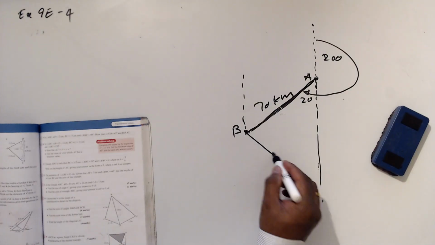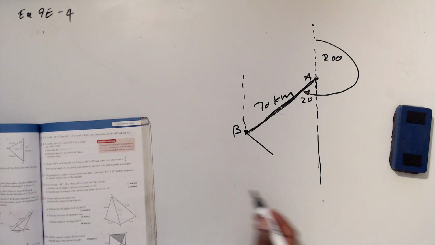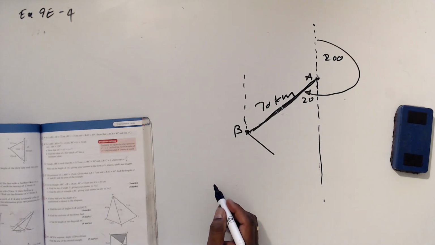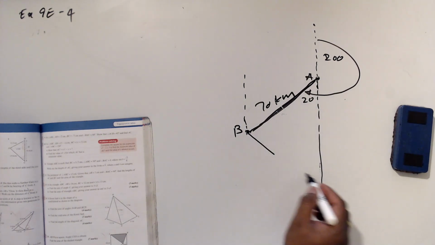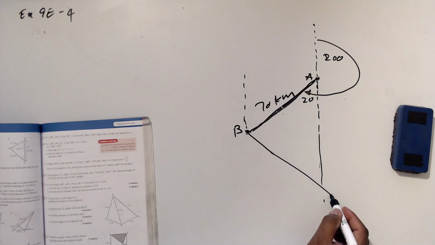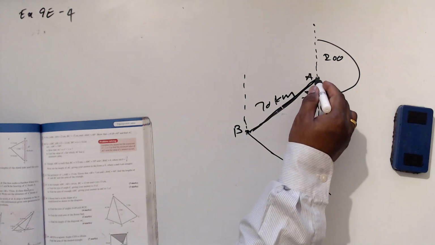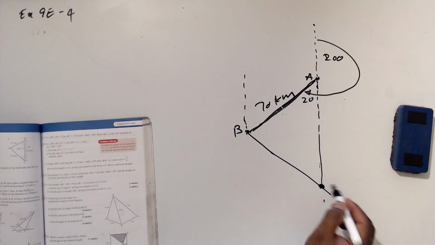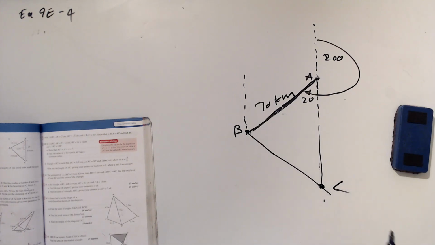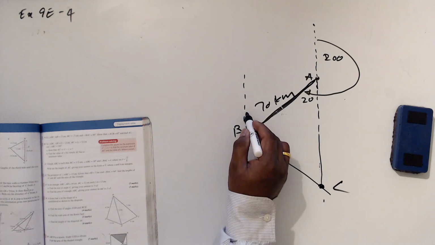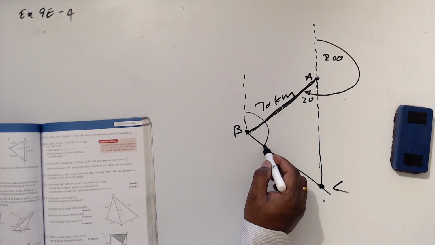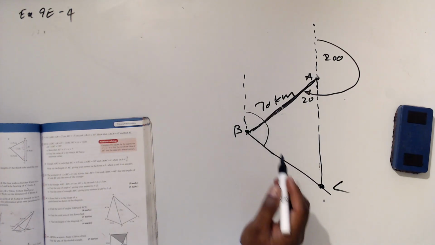It's going in this direction. To C, where is C? C is due south from A. It means C is due south from A. South is here. Right? What is this angle? From here to here, 150.